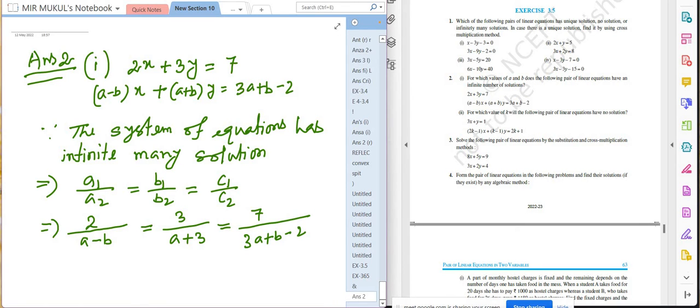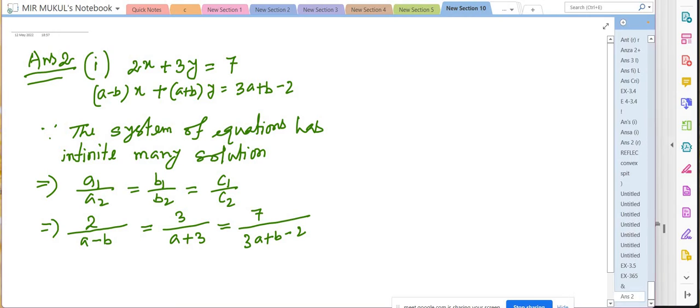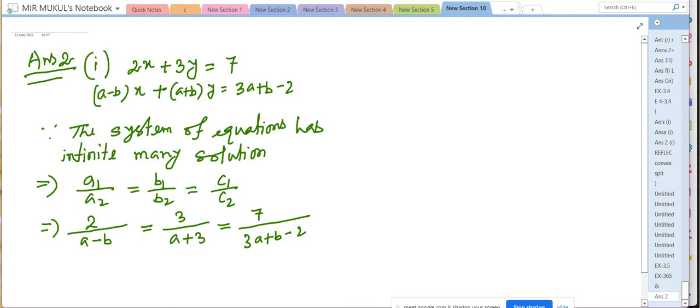That means three ratios. In the second one it is a plus b, not a plus 3, a plus b.